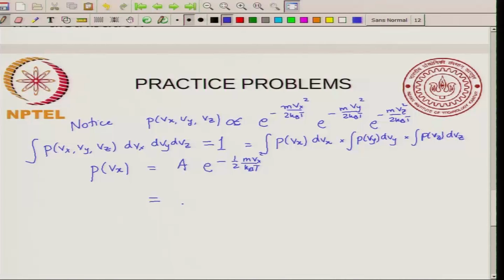So, the normalization constant I can write as square root of a by pi, where a is m divided by 2 kBT. Okay. So, that is the normalization constant for this, and the same normalization constant will apply for Py and Pz.